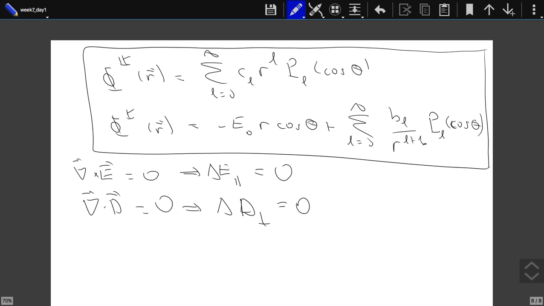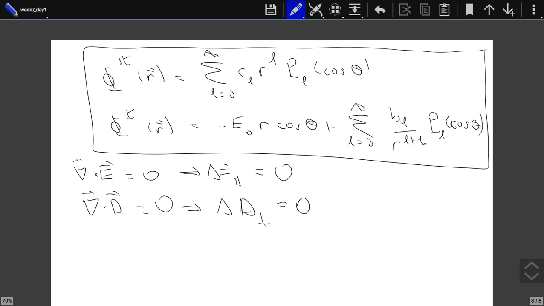Furthermore, the divergence of the displacement field in this problem is 0. And this tells me that the jump of the perpendicular component of the displacement field across a boundary is 0. So the parallel component of the electric field and the perpendicular component of the displacement field should be continuous across any boundary.